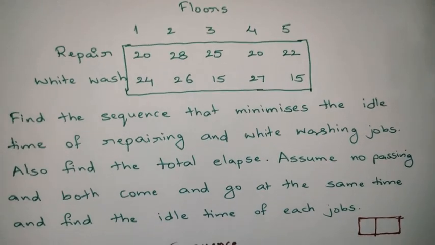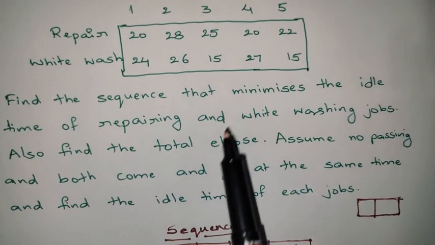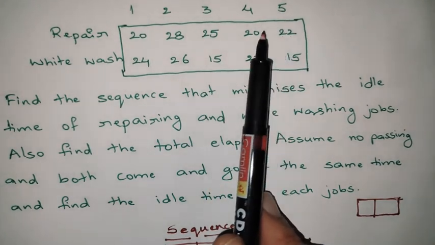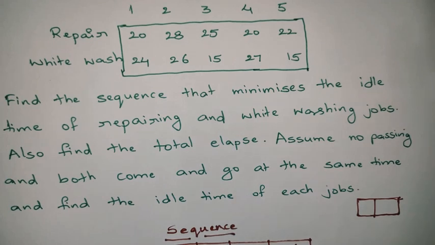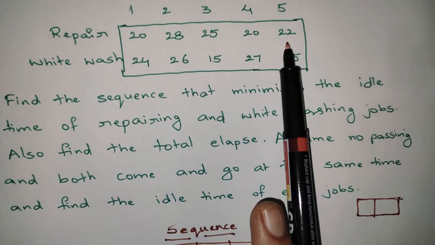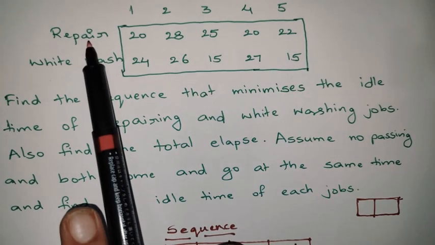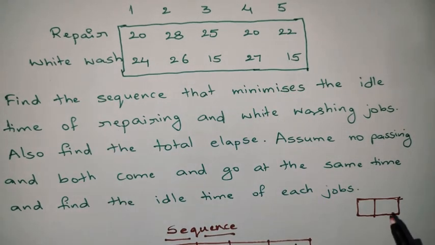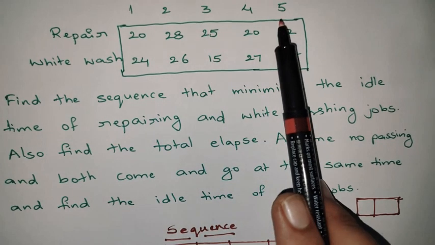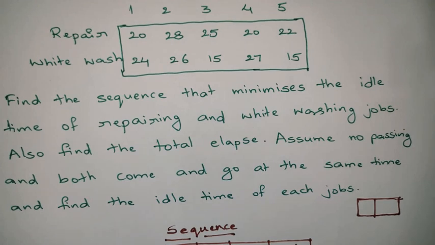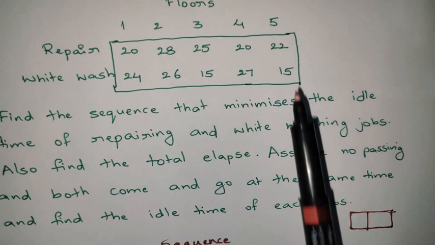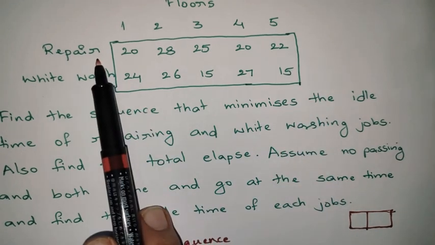For the 15 and 15, the corresponding values are 22 and 25. The minimum value is 22, which is present in process 1. Considering only the 3rd and 5th floors, the last two grids, the minimum value is 22 in the first process.